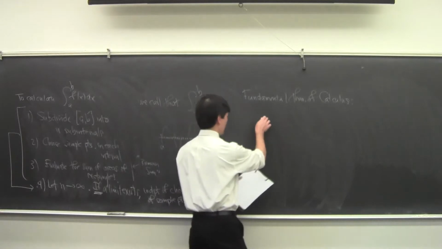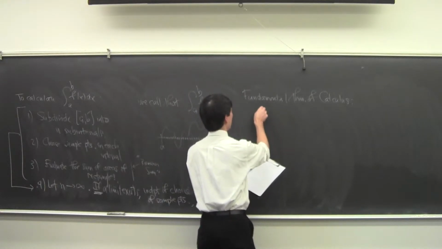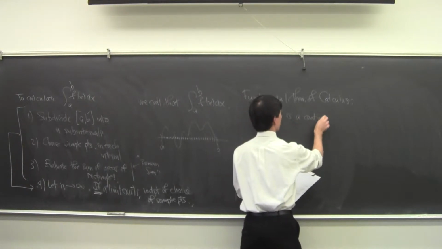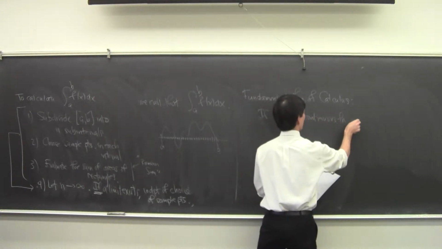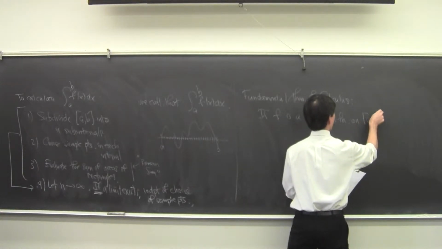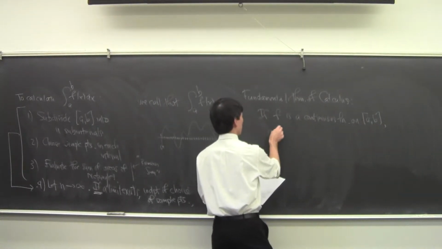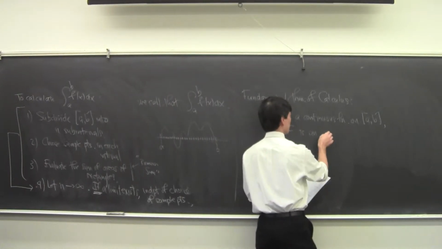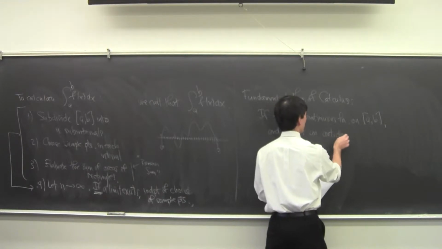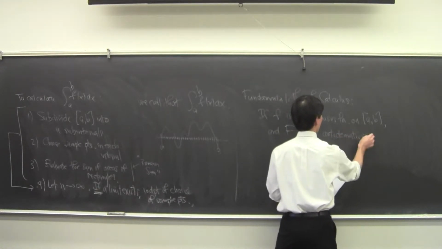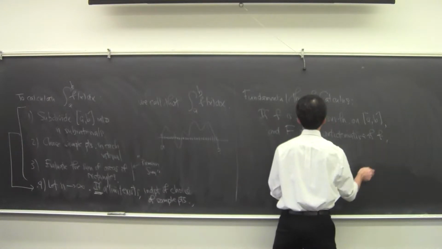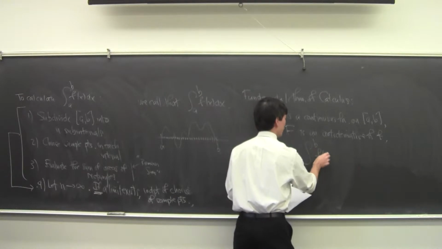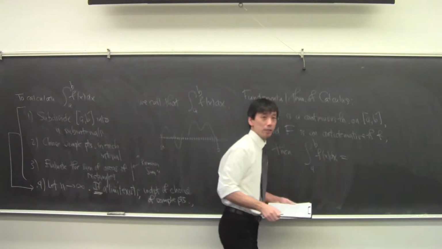Okay, and so here's the statement. If f is a continuous function on [a, b], and big F is an antiderivative, any antiderivative of little f, then we can get the definite integral in a very easy way.